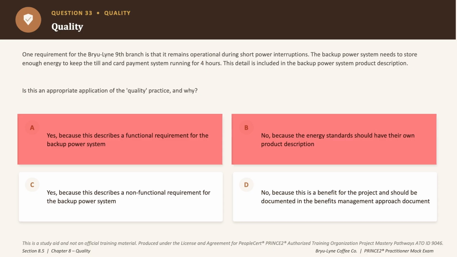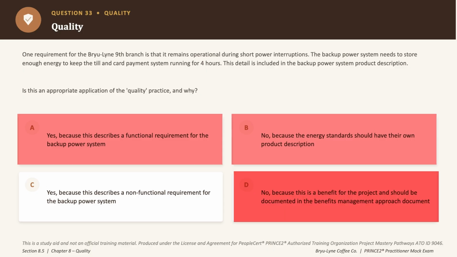Option D says no, calling this a benefit for the benefits management approach. Now that's mixing things up, okay? Because this is a reliability statement, not a measurable business advantage, and in no way could it be linked to the benefits management approach or benefits management plan. So eliminated as well.